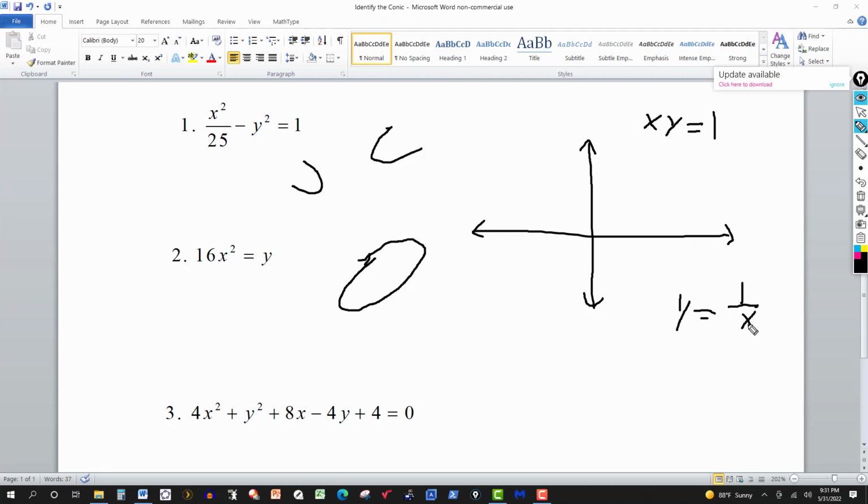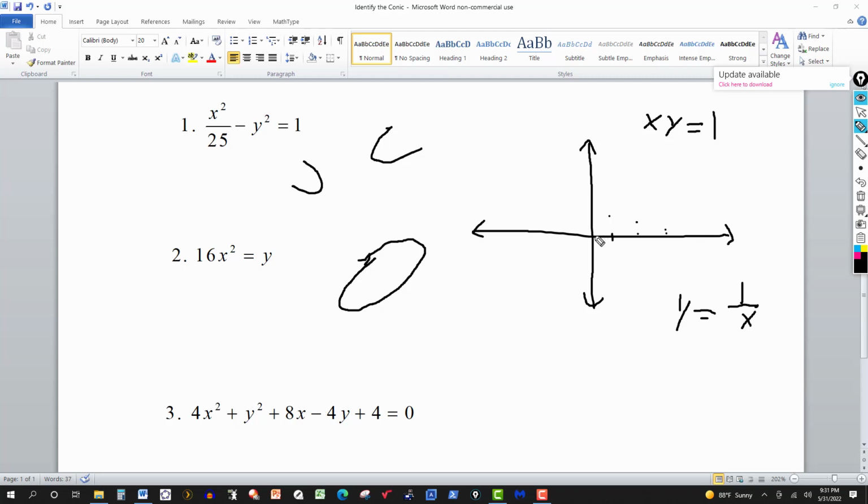Notice it's not defined at 0. So the y-axis is a vertical asymptote. If I plot some points for this one, 1 and 1, I go over 2, it's 1/2, 3, it's 1/3. If I go over to 1/2 over here, it goes to 2.